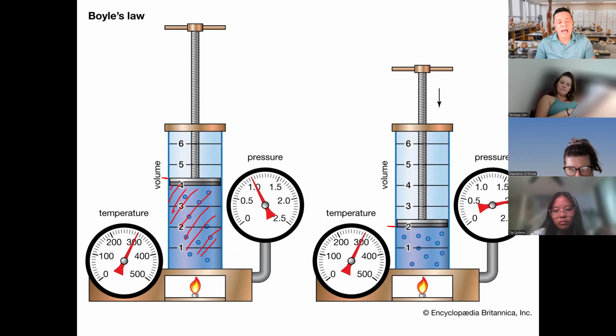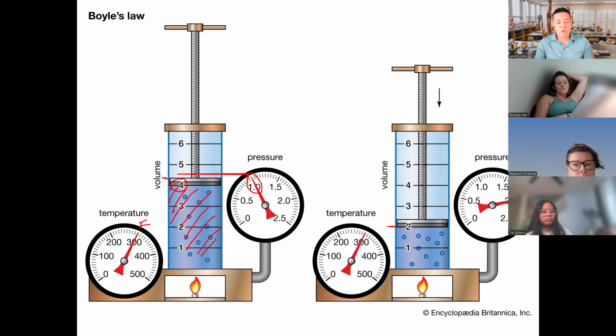Now, when we have a volume of 4 in this tube right here, we have this amount of pressure inside of the tube. So the pressure here is 1 millimeter of mercury. Millimeter of mercury is the unit of pressure. Okay? At a temperature of 300 Fahrenheit, let's say.